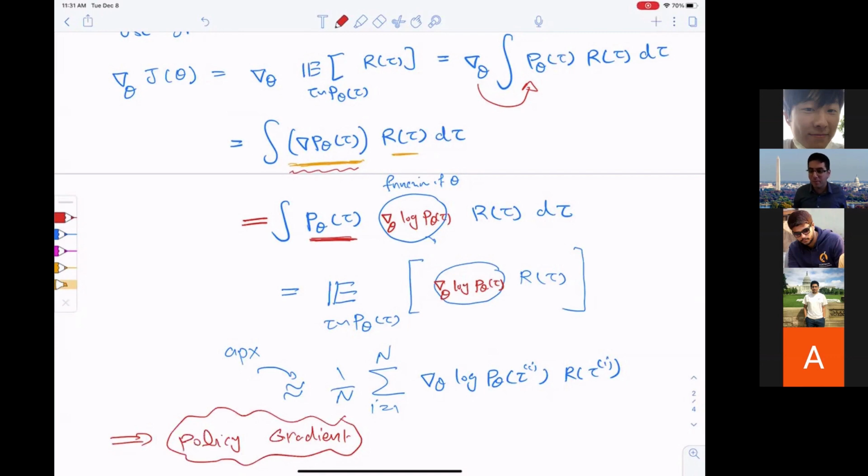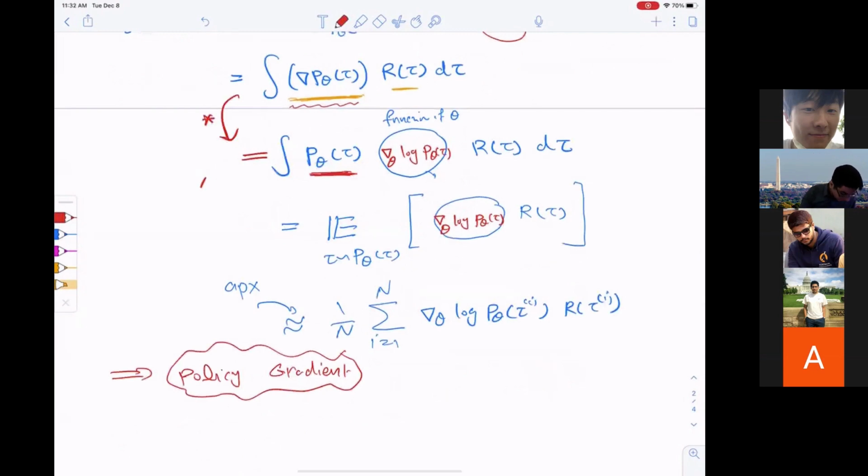So we have no problem computing it. But the problem is, can I write the gradient of J of theta with respect to theta also as an expectation? And the answer is yes. So the gradient of P sub theta is in fact equal to P sub theta times the gradient of the log of P theta. I really don't care about this function. What I care about is having this P sub theta outside so I can write this integral as an expectation.